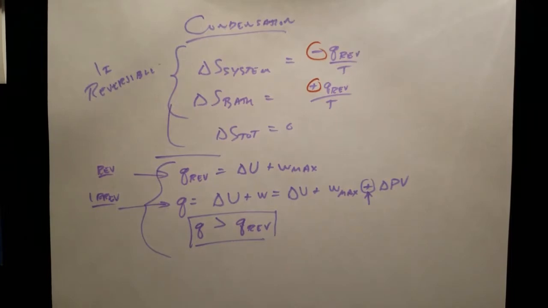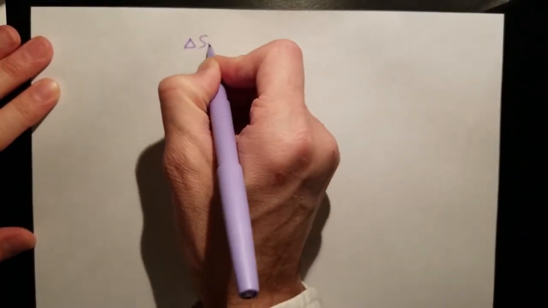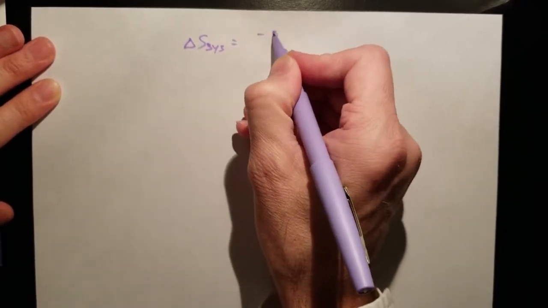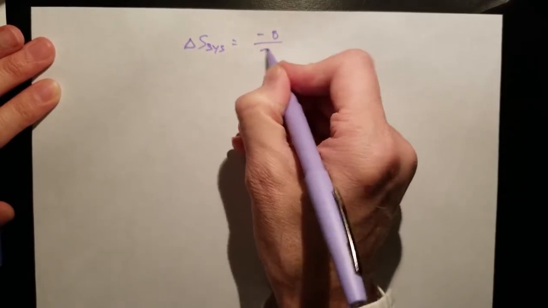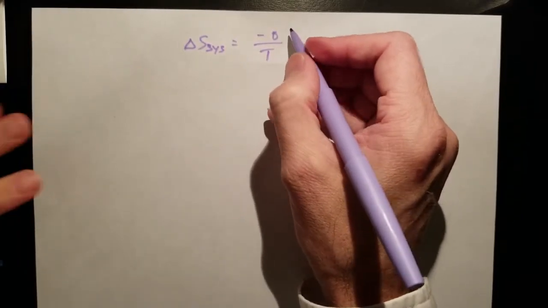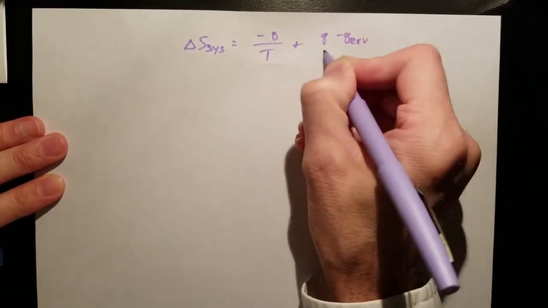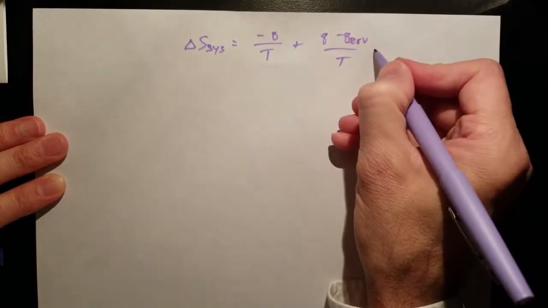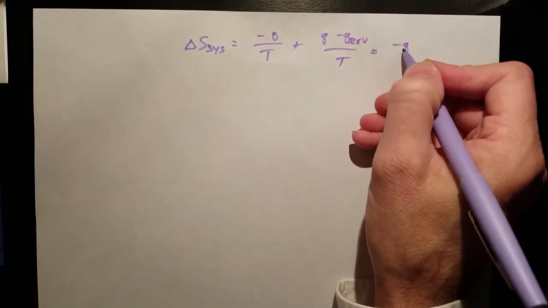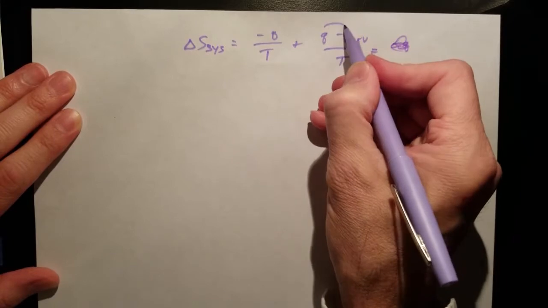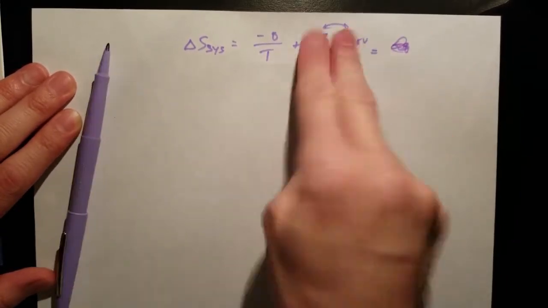And what that means, talking about the entropies, delta S system is equal to negative Q over T plus Q minus Q reversible over T. Notice here that we swap the order because we had a change in sign.